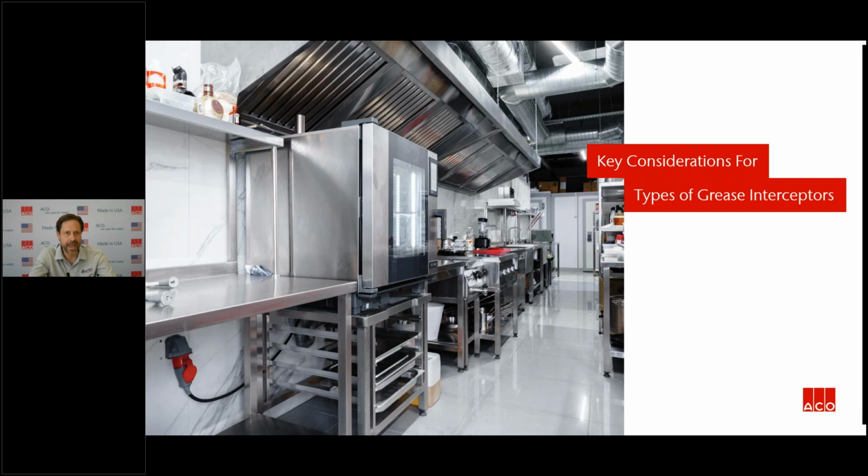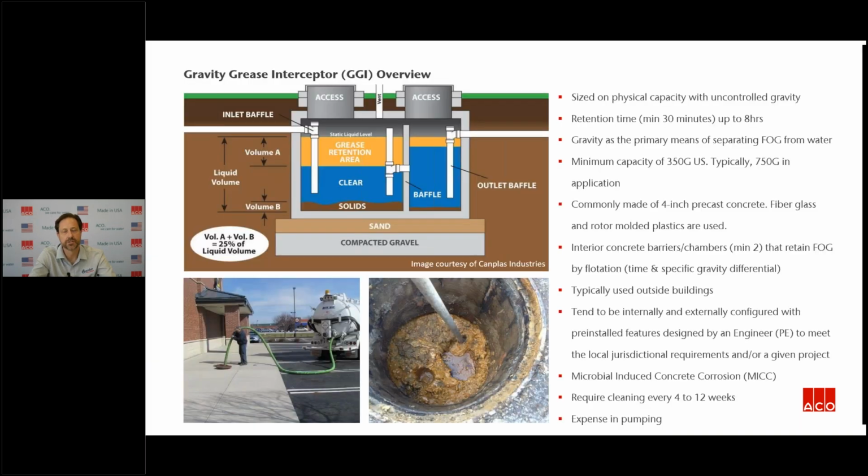When you look at solutions in the industry, let's say you have a new restaurant or an existing restaurant or food service facility, one of the solutions that I think are quite commonly used are the large GGIs. A GGI is, as I said, essentially allowing grease, oils and water, but really any of your dirty water.